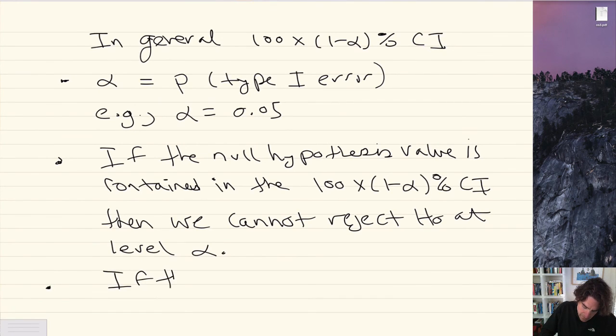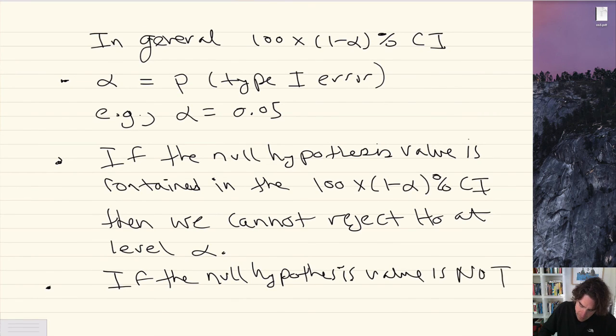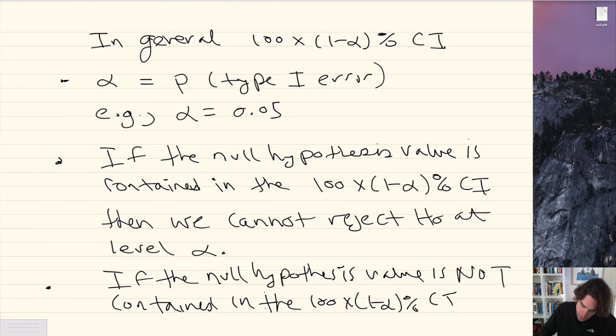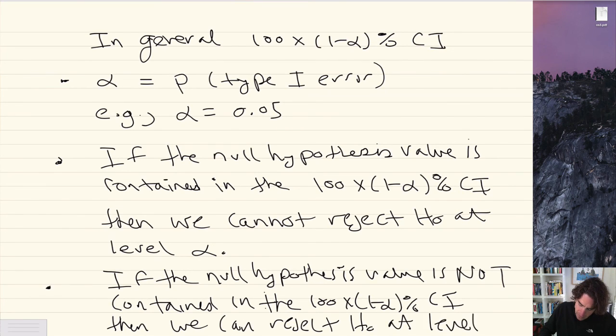If the null hypothesis value is not contained in the 100 times 1 minus alpha % confidence interval, then we can reject H naught at level alpha.